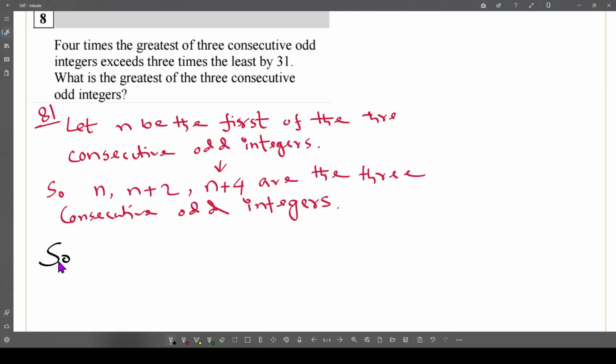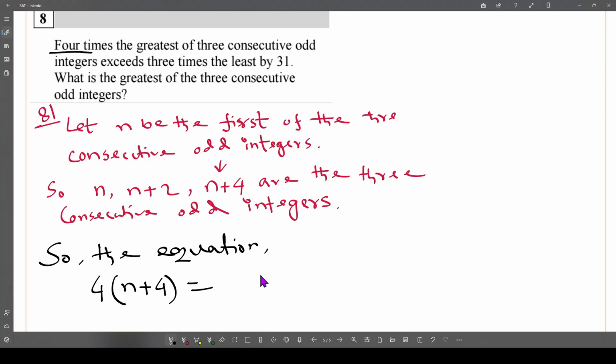The equation: 4 times the greatest, it means n plus 4, equals 3 times the least, 3n, and what exceeds 3 times the least by 31, it means 3n plus 31. Why plus 31? Because exceeds.